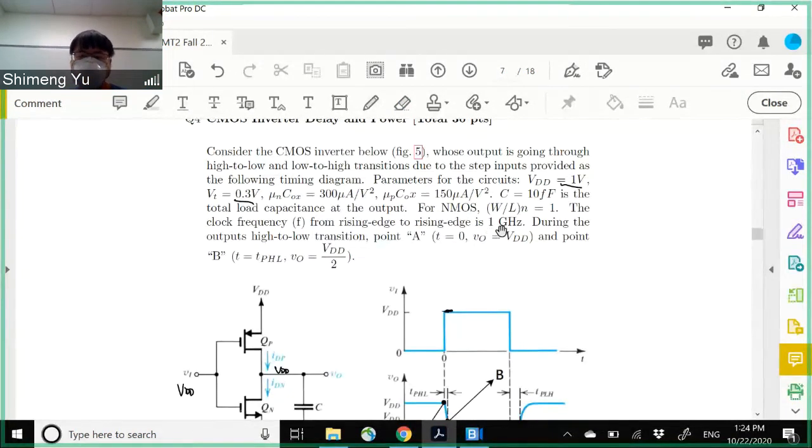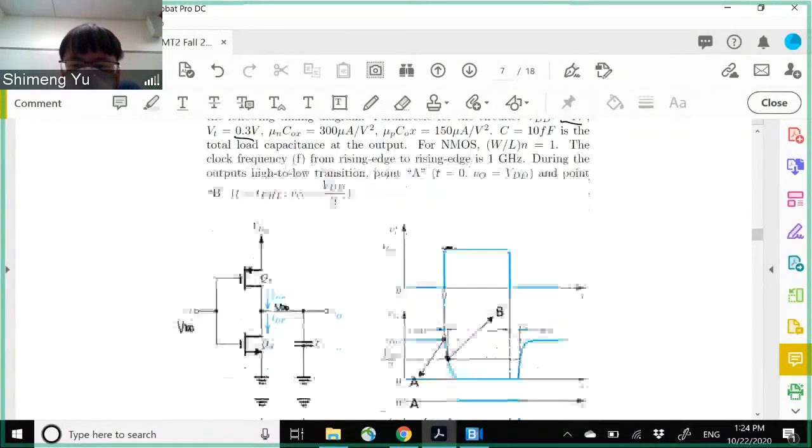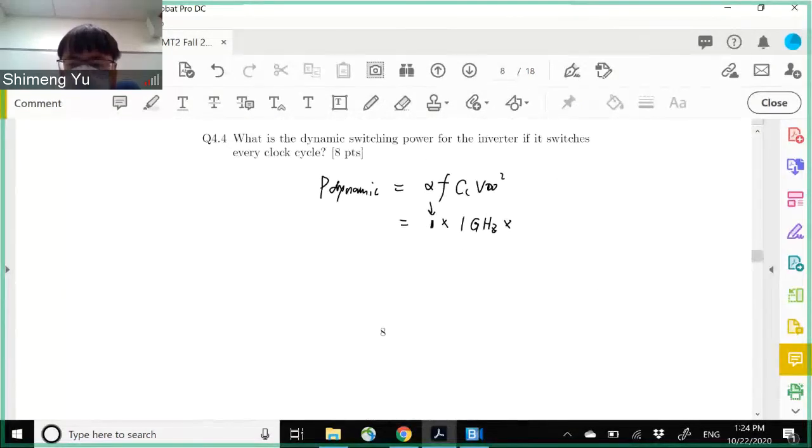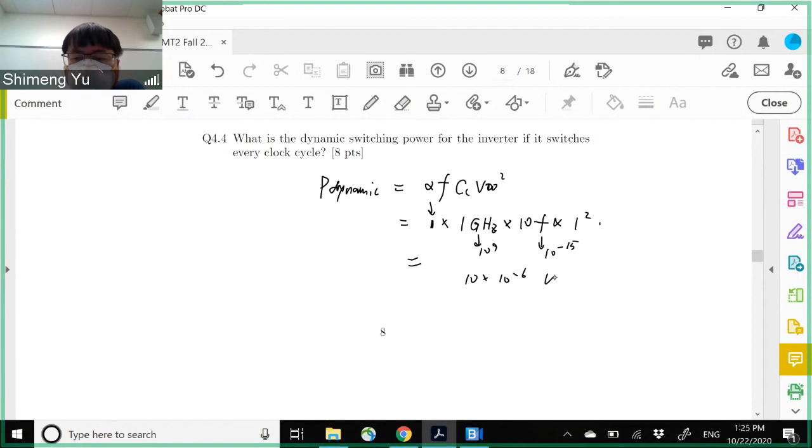And VDD is 1 volt square. So then this is straightforward. Giga is 10 to the power 9. Femto is 10 to minus 15. So then you have 10 times 10 to minus 6 watts. Or in other words, it's 10 microwatts.